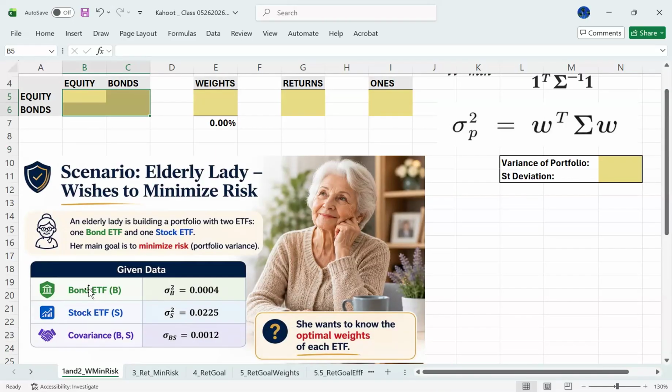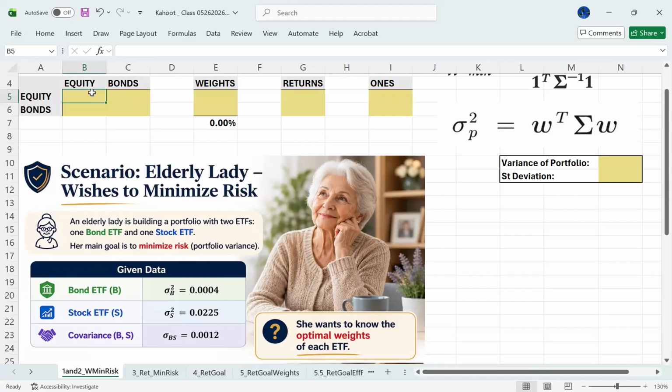We have a bond ETF, and the bond ETF has a variance that is listed here. In the covariance matrix, keep in mind the diagonal terms correspond to the variances. This one is the variance of equity, and this one is the variance of bonds.